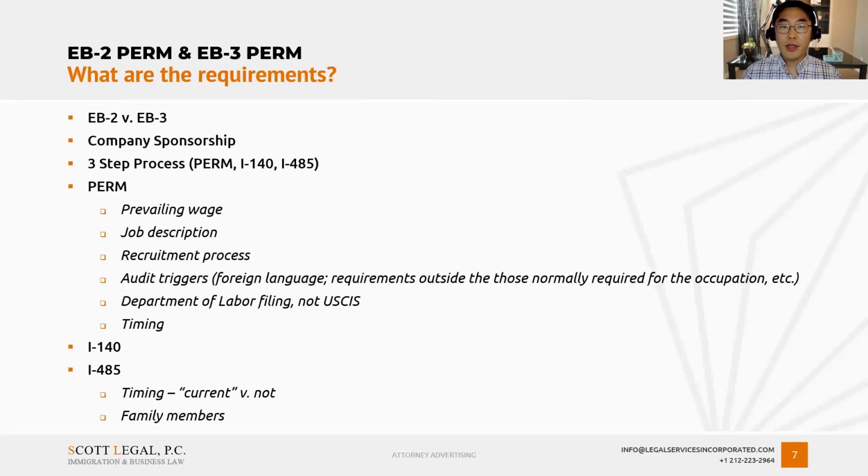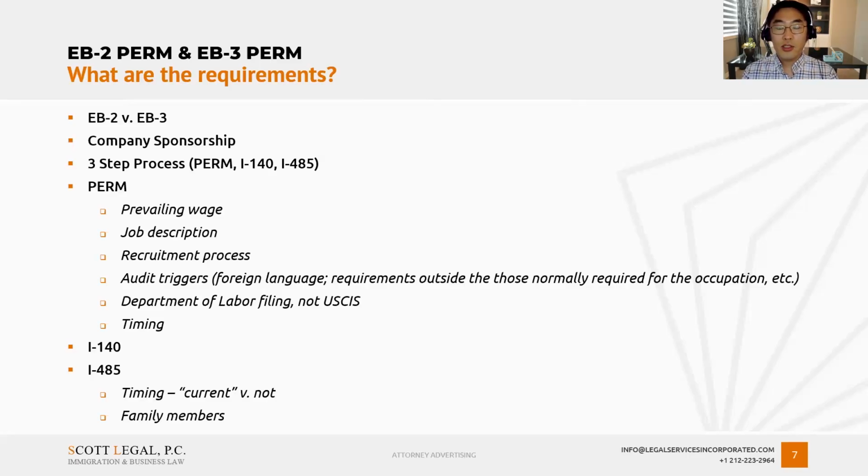The next type is when a U.S. employer is sponsoring your green card, the PERM case. By the way, PERM stands for Program Electronic Review Management. The wording PERM itself has been used by immigration attorneys all the time, so that's why we call it PERM, but it's actually referring to the system itself.